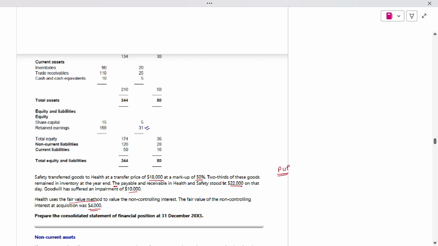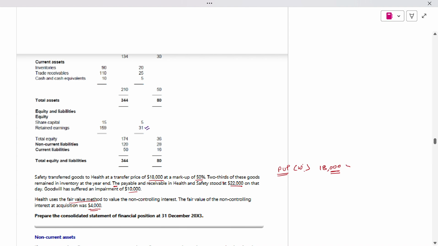This is a working. We will give you the working number. We have to deduct the unrealized profit. How much is the sales? Sales, take the same thing. Sales is 18,000. Understand my point? I'm putting underline means take it as 18,000.